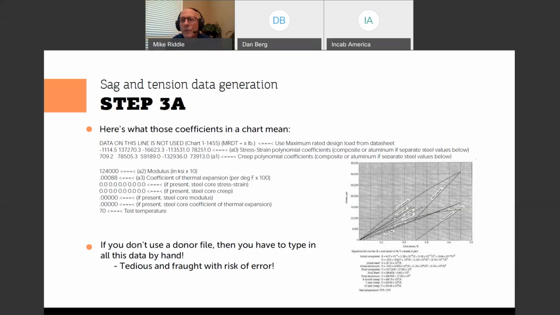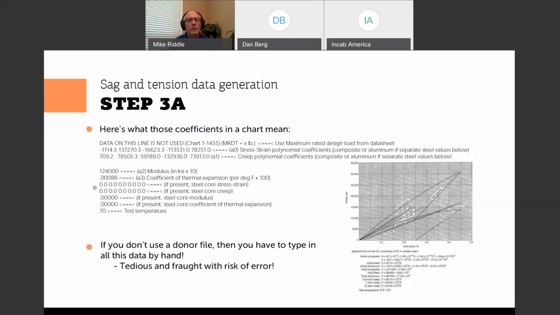Somewhere in here, where you read it, are the stress strain coefficients of the steel. And this is a practice that was done decades ago for ACSR conductor. The aluminum information was separate from the steel information.